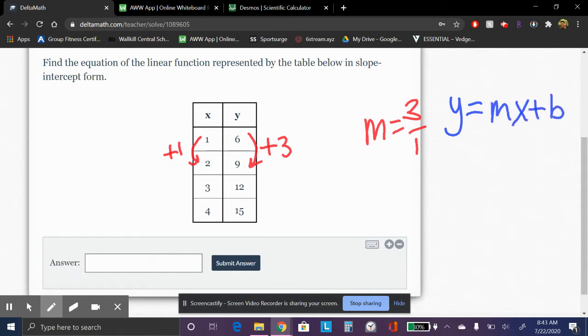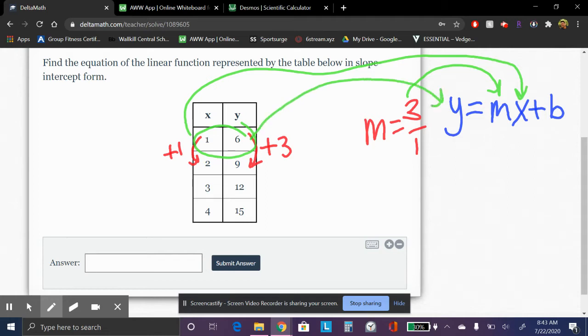We know what my m is, so we plug in my m. That's going to be 3. And we take one of the points, like 1, 6. We know what the x value is, so I'm going to plug that in. And we know what the y value is, so we're going to plug that in.